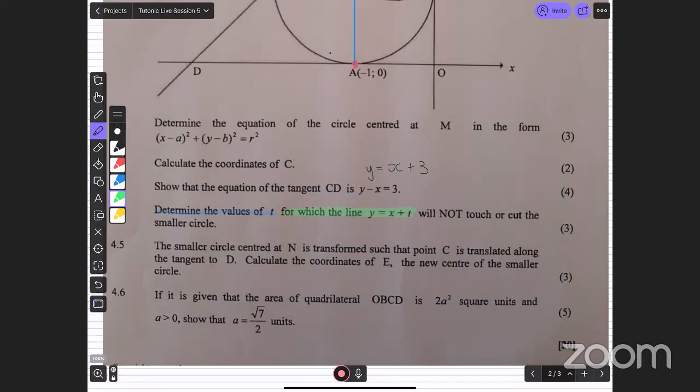So what does the t represent? The y, I think. I'm not sure. Yes, but what is the effect of t? Remember, what is the effect of t? If I change t, what will happen?